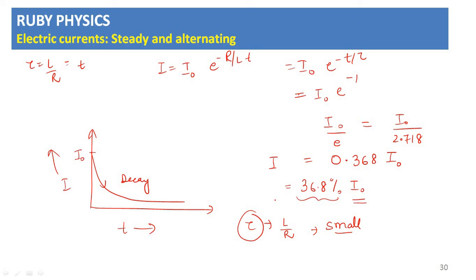Growth and decay both will be very rapid if tau is small, but if tau is larger, then both growth and decay will be slower. Thus the time constant of an LR circuit determines the rate at which the current grows or decays in the LR circuit. The smaller the value of the time constant, the faster is the growth as well as decay, and vice versa. So I hope this topic is clear.